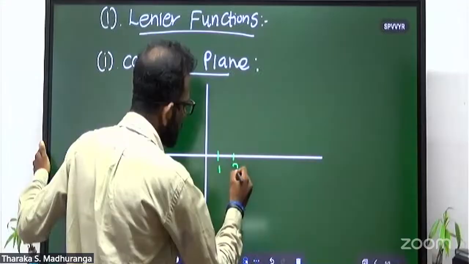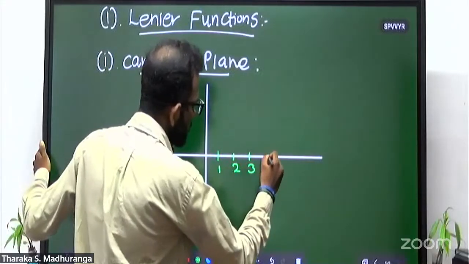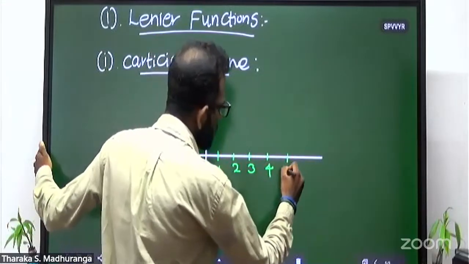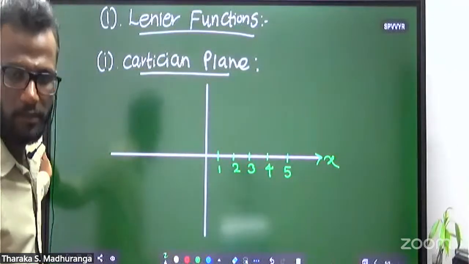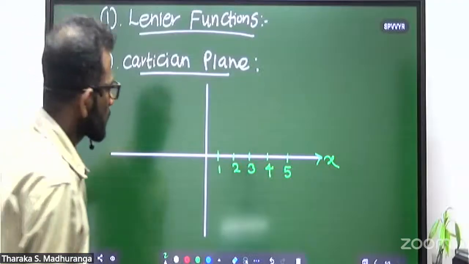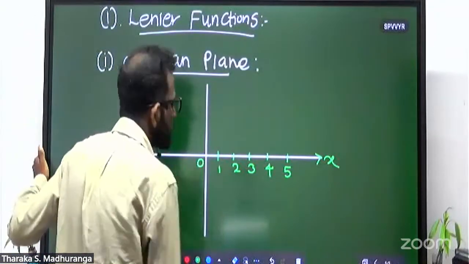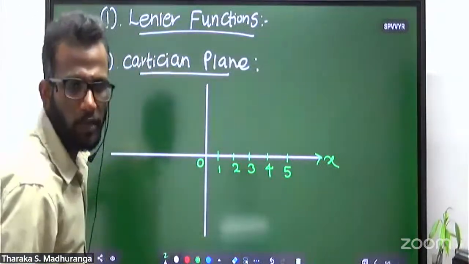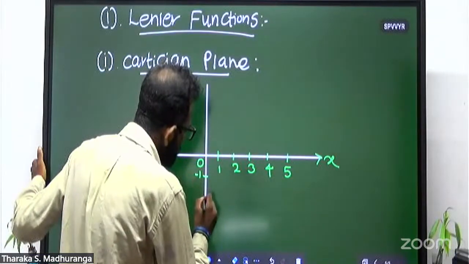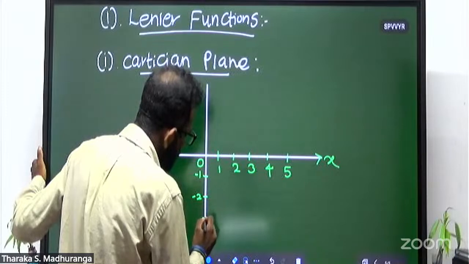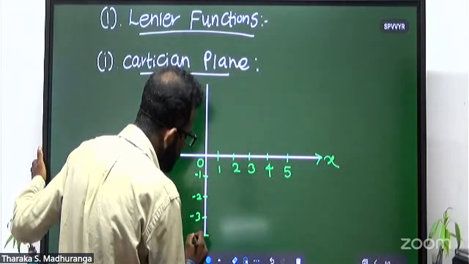1, 2, 3, 4, 5. This is the x-axis. Now you can see. This is the initial point, this is 0. Then minus 1, minus 2, minus 3, and minus 4.